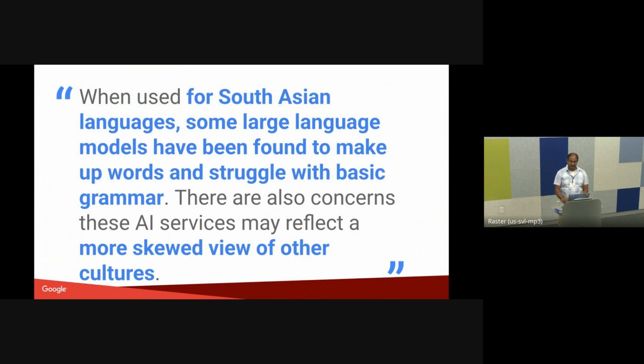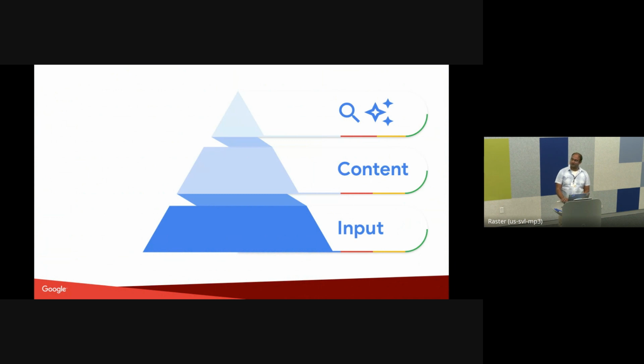For South Asian languages, some large language models have been found to make up words and struggle with basic grammar, and they reflect a more skewed view of other cultures. So that sounds like a problem to me. But the point is, you can't have your wonderful pixie dust sparkly applications unless you have the content that they depend on.